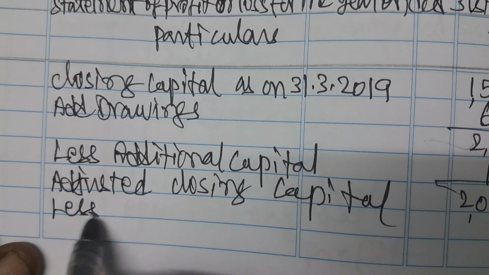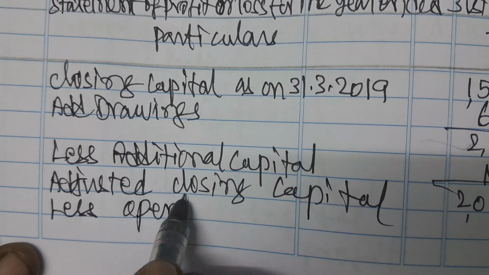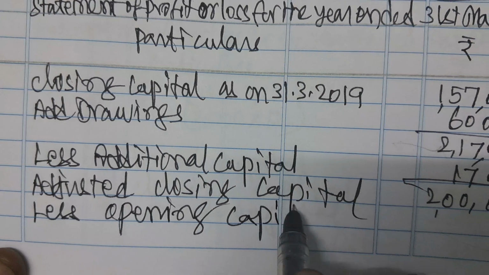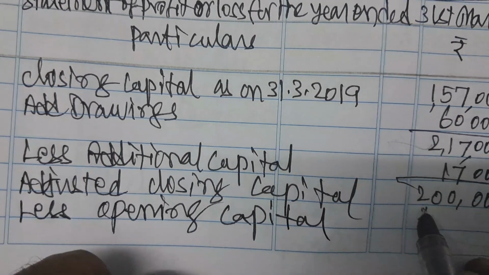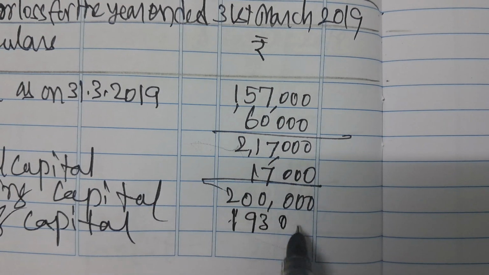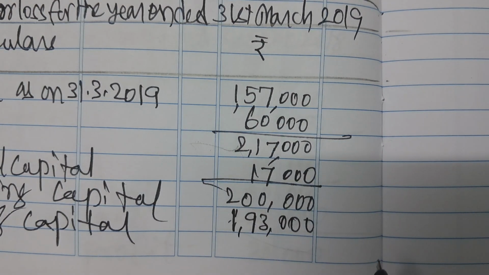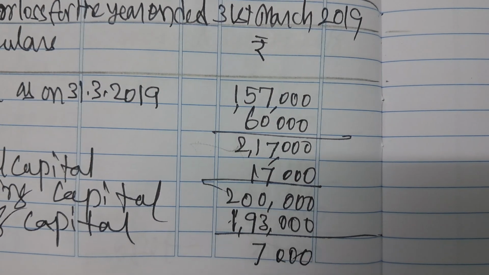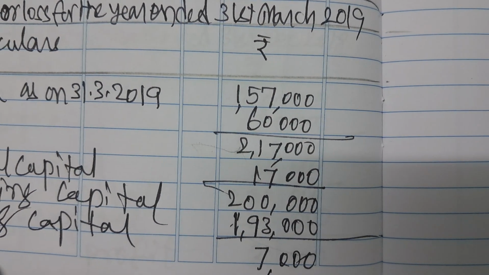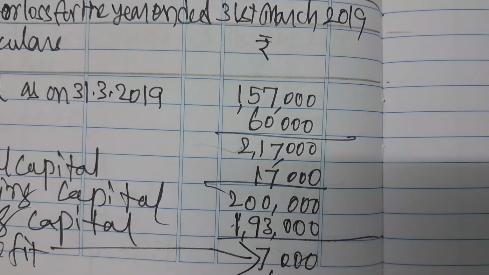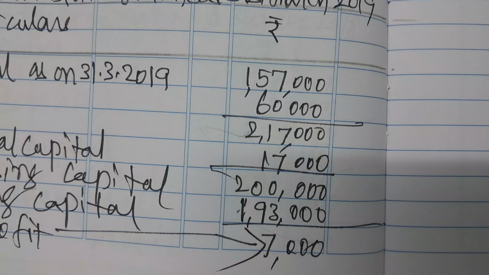Less opening capital 1,93,000. So the profit is 7,000 rupees. Okay, thank you students.